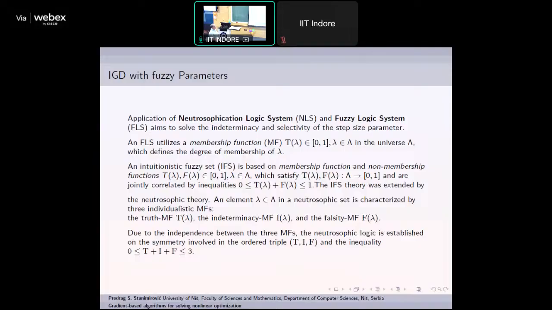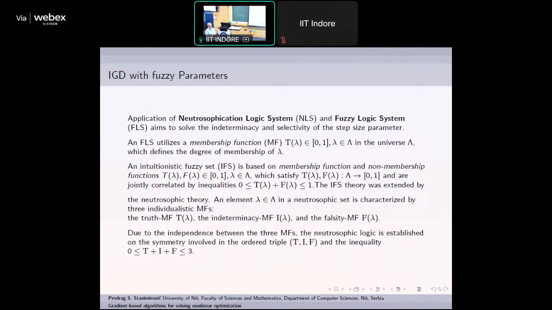Another possibility for research in this direction was to use fuzzy logic systems and neutrosophic logic systems. A fuzzy logic system is defined on one membership function. In a neutrosophic logic system, we have three membership functions: truth, falsity, and independency.